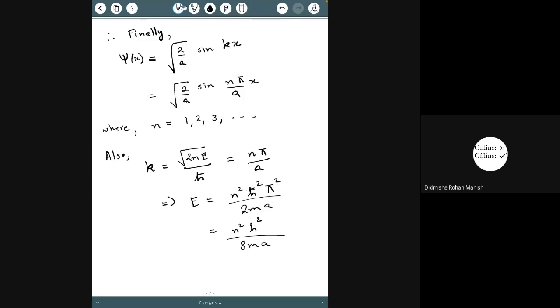This is a subset of the solutions. But it actually covers all the solutions finally, because if n goes from 1 to infinity, it is a complete set, so it covers all space.